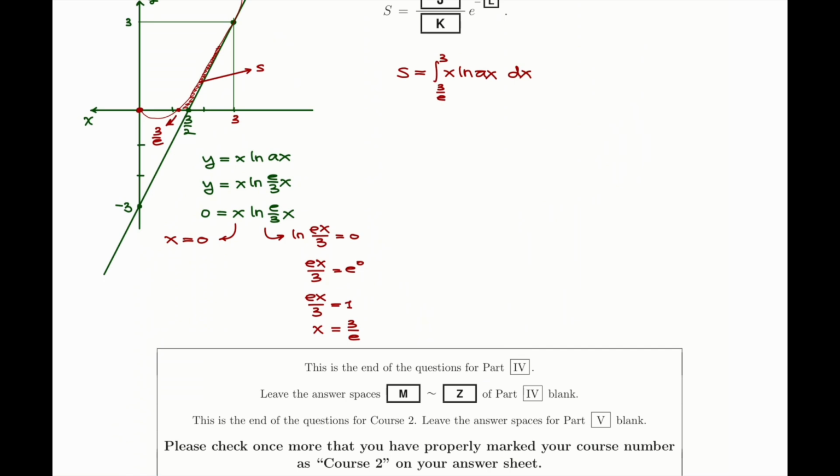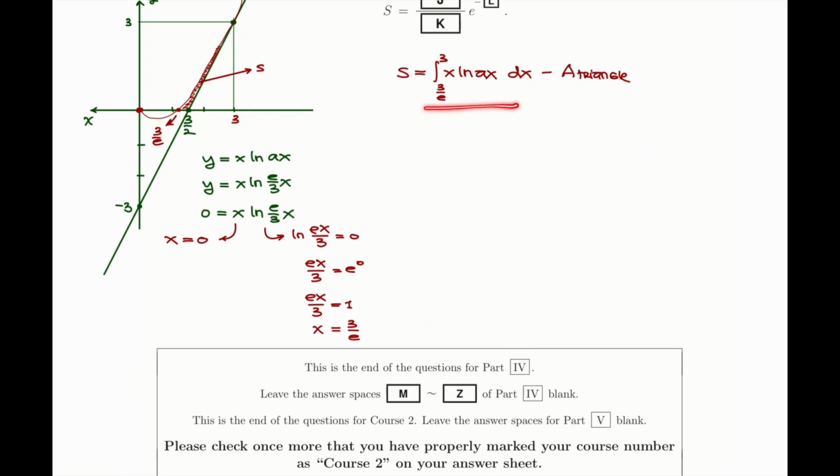We will get all the region below the curve from 3 over e until 3, which is this whole thing, and then subtract it with the area of the triangle. Then you will get the area of the shaded region here.